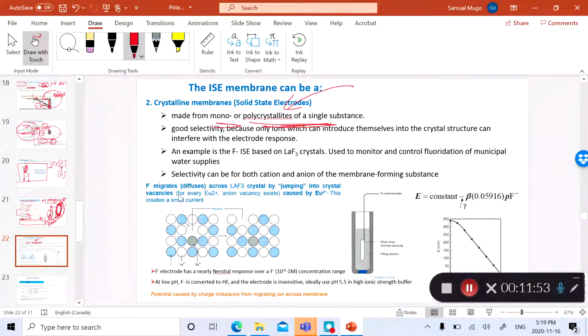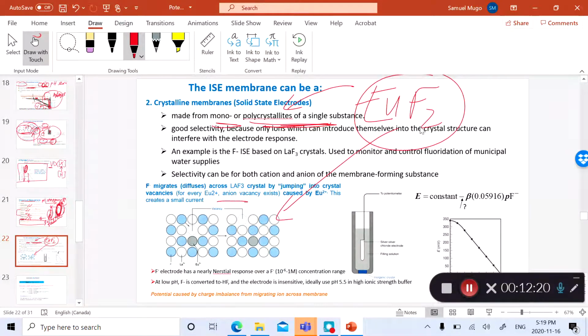The way they work, say for the fluoride ion selective electrode, is the following. You take lanthanum fluoride, which is a monocrystal, and typically you would dope it with another crystal, like europium fluoride.